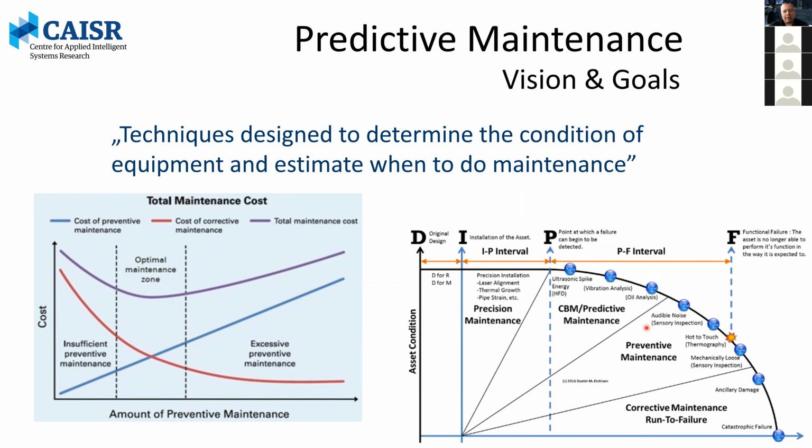And then as it gets worse and worse, there are different methods you can use to analyze how far it is from perfect condition and how close it is to what you would call catastrophic failure. So you can think of this life cycle and imagine that there is a lot of potential for machine learning in different parts here.